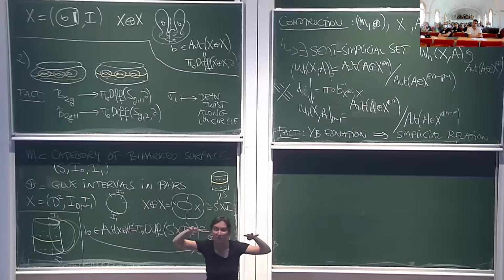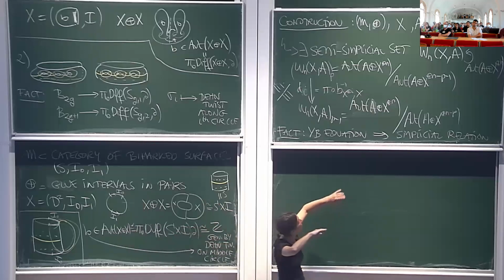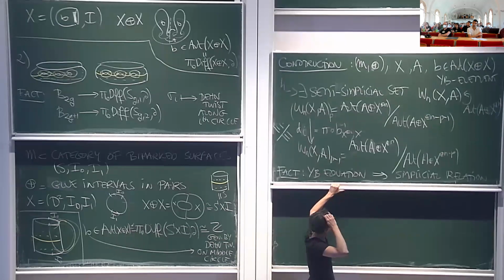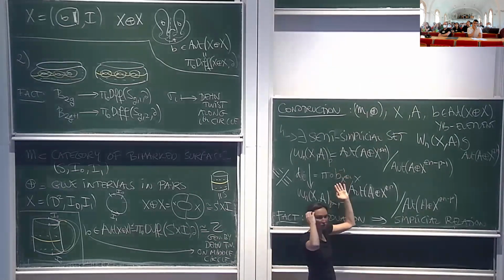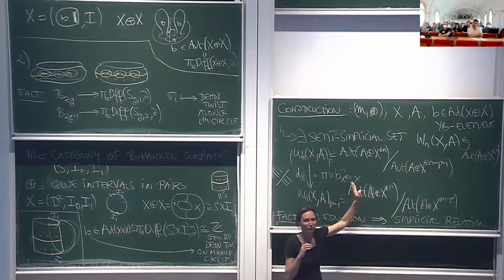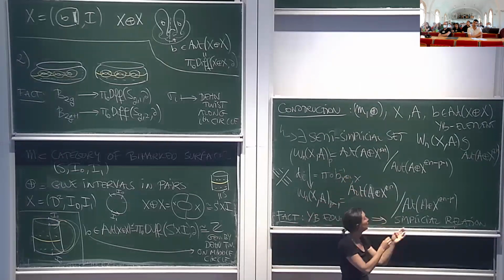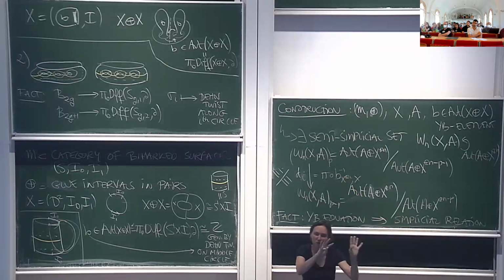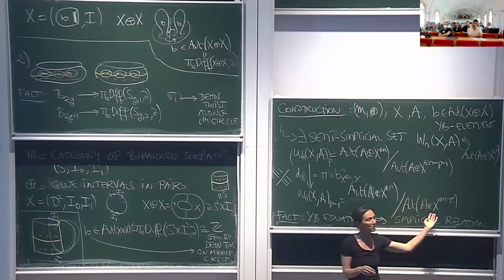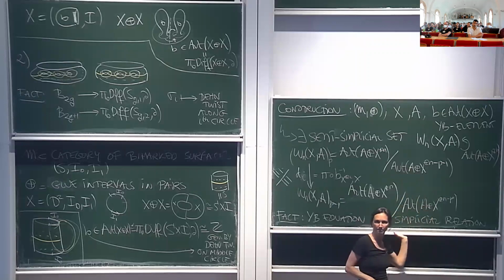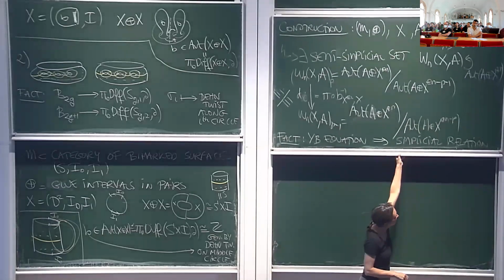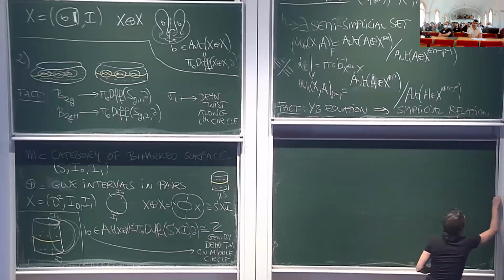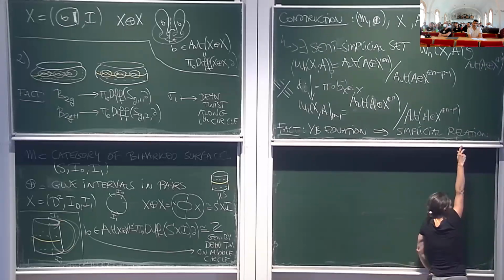But once you write down the simplicial relation, you find out that the difference between the 2 sides is that when you do the di plus 1, there's an extra twist. And the Yang Baxter relation allows you to move the extra twist into this group we're quotienting out by. That's the rough idea.